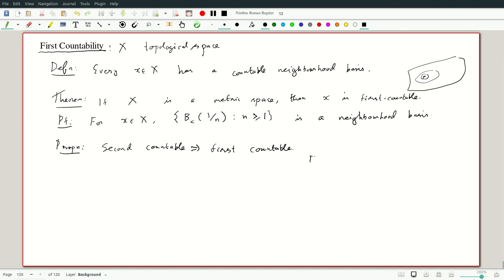Okay, so this proposition is almost trivial: second countable implies first countable. So, remark, I'll write it here. First and second countable are hereditary.